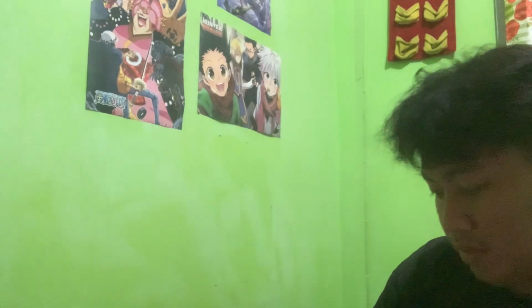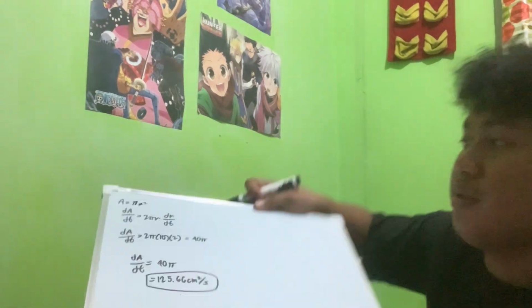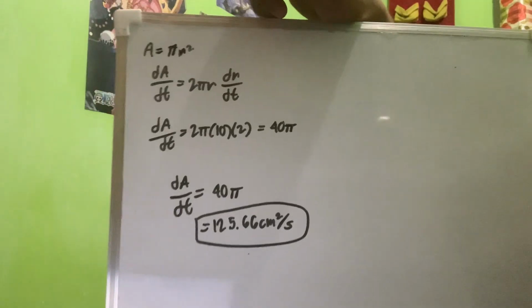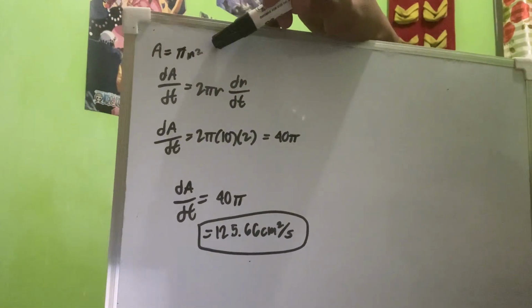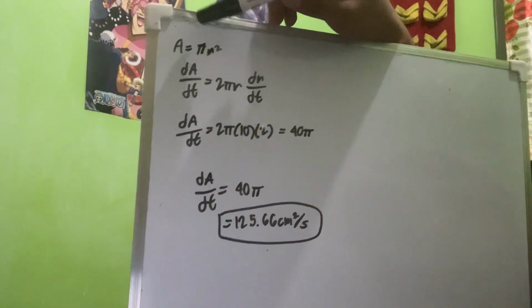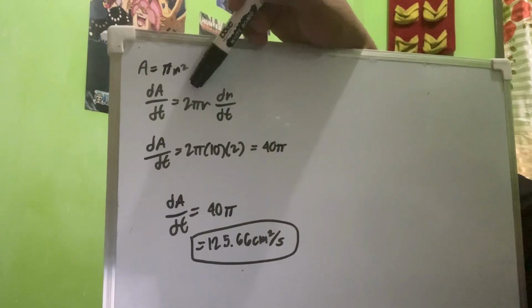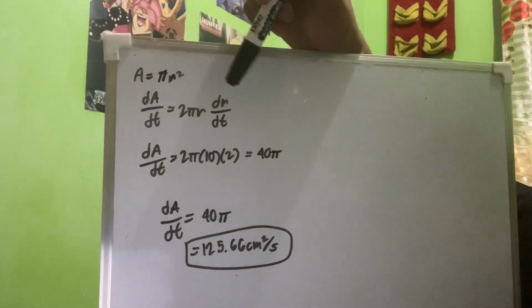So the area is A equals pi r squared, then dA over dt equals 2 pi r times dr over dt.